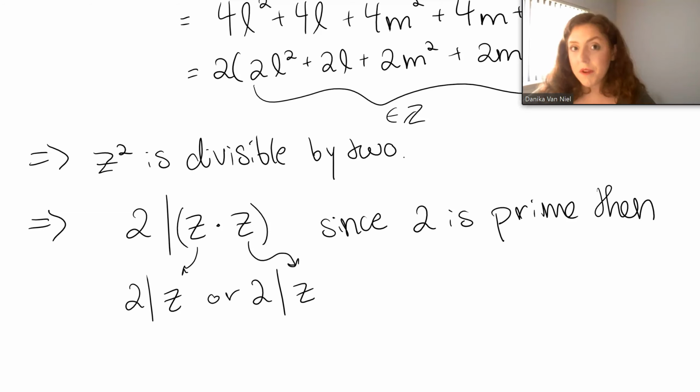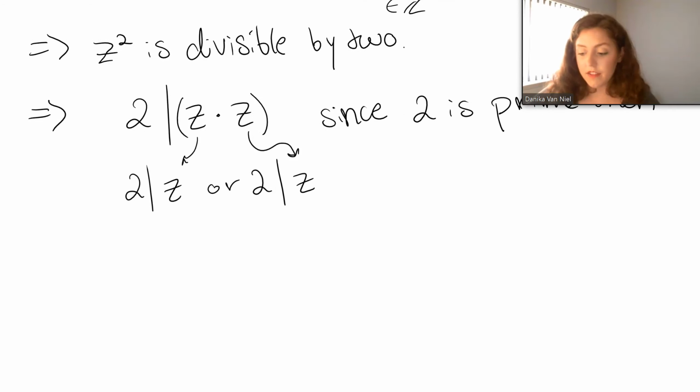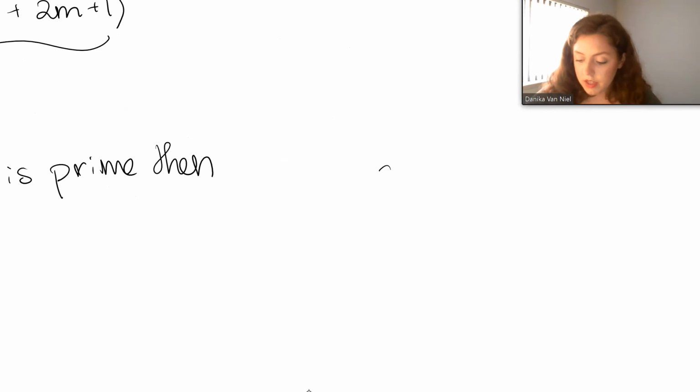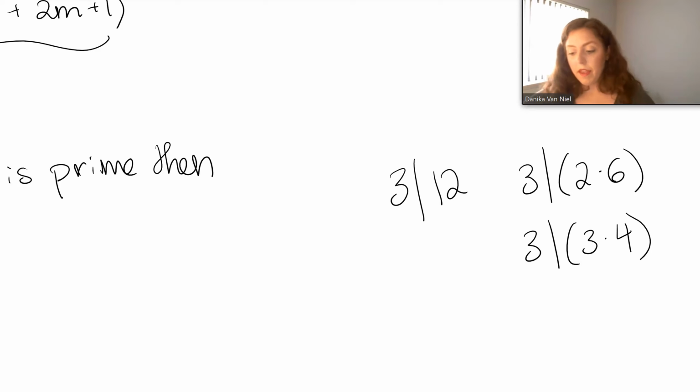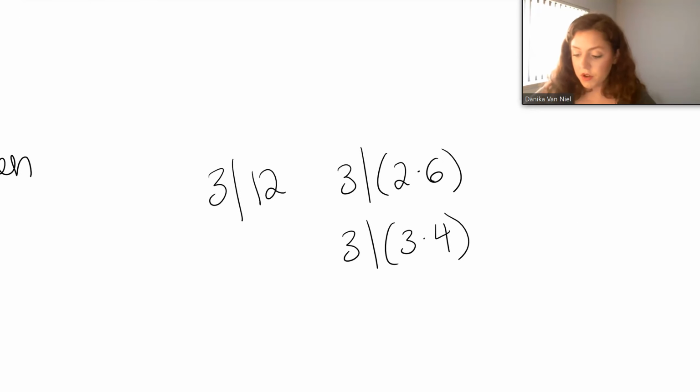So that may seem weird, but here's the idea. Let's say 3 divides 12. Well, we can rewrite 12 as 2 and 6, or we could rewrite 12 as 3 and 4. In both cases, 3 divides one of them. So 3 divides 6, and 3 divides 3.